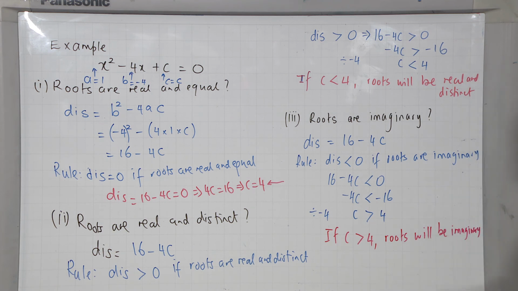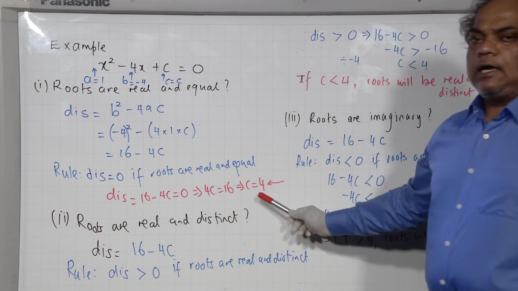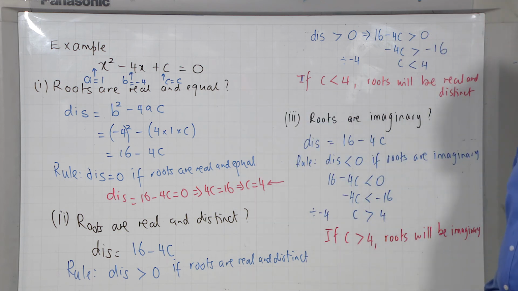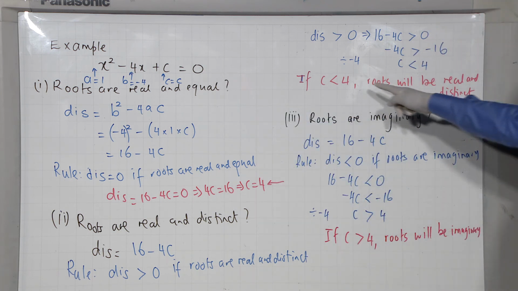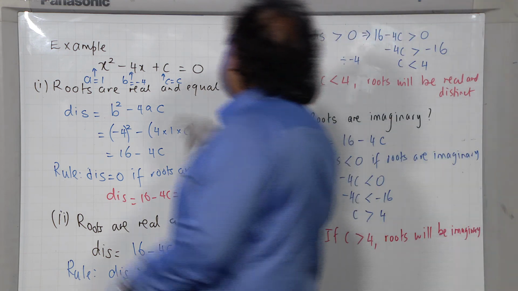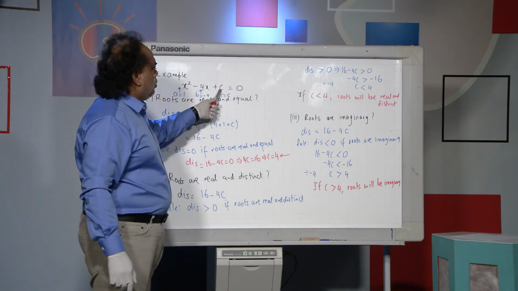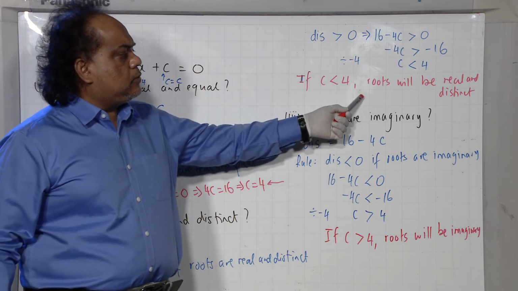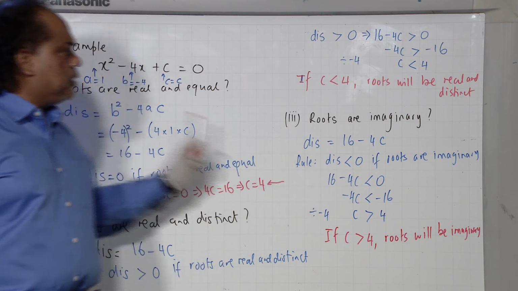So, if c is exactly equal to 4, this quadratic equation will have real and equal roots. If c is less than 4, any number less than 4, then the roots will be real and distinct.